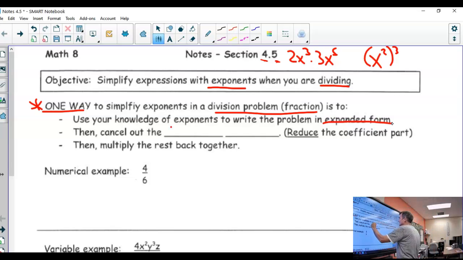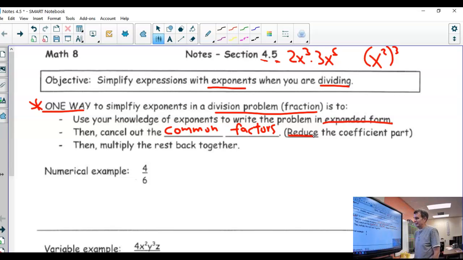Then cancel out the common factors. Oh, we're going to learn some good math here. All right, so you reduce the coefficient, and you multiply the rest back together. Let me show you what I mean.